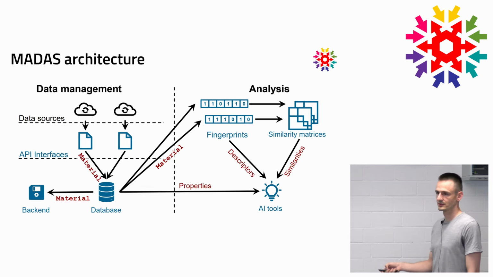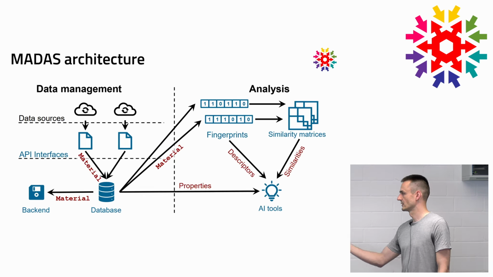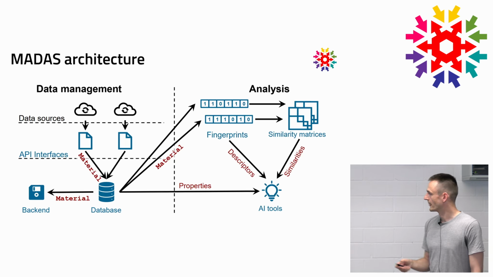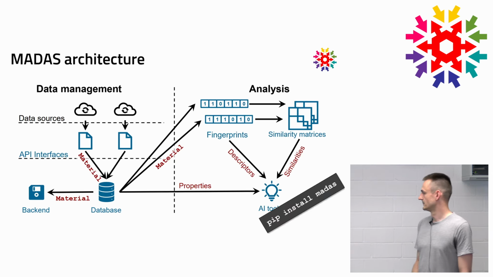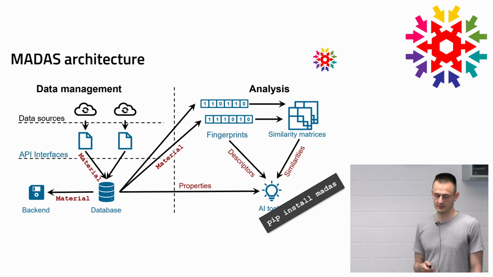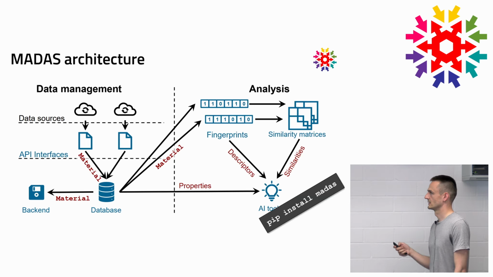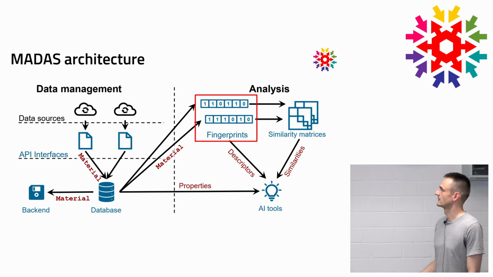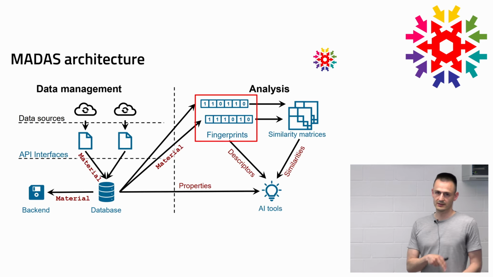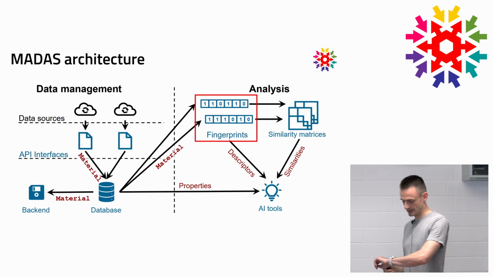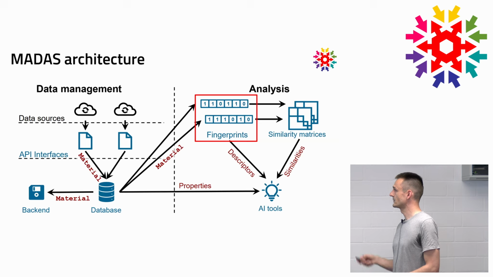And of course, if you want to do supervised learning, you need the material properties that you get from your database, and you can combine everything there. The whole thing is installable via pip, and I will give you some URLs, some links in the end of the presentation.